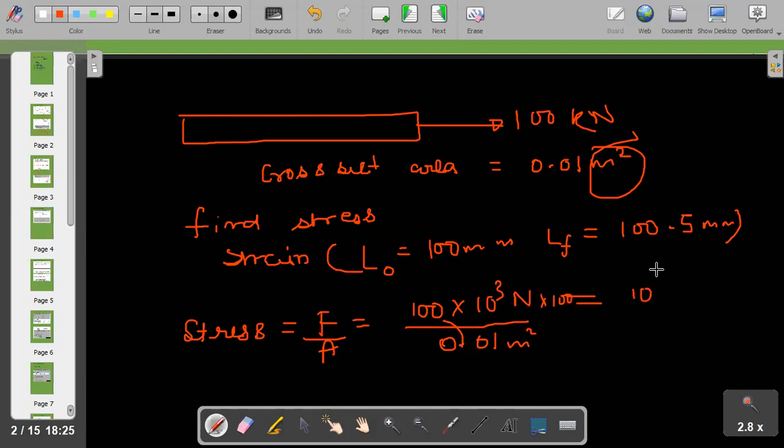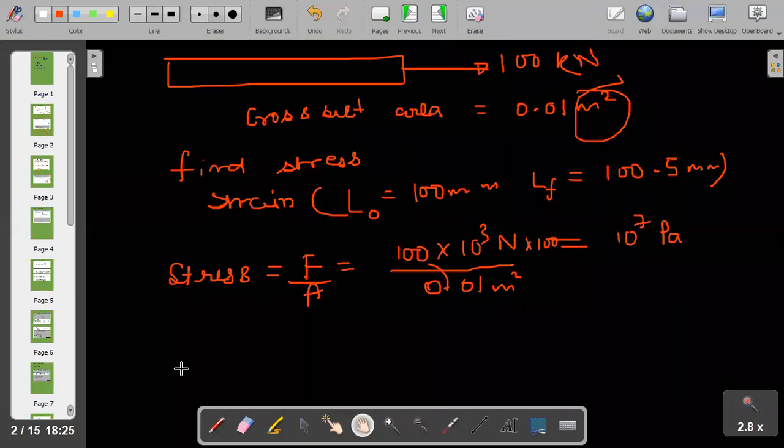10 to the power 2 to 4 7 Pascal. Okay. What will be the strain? What is the formula for the strain? Change in length by original length.